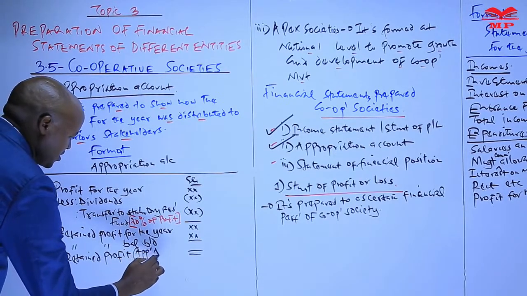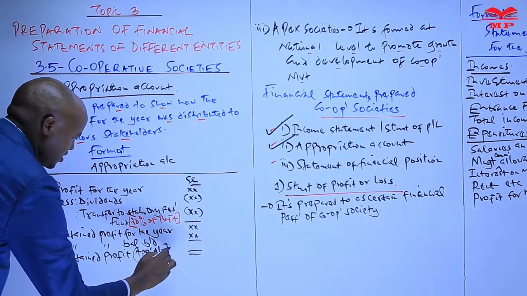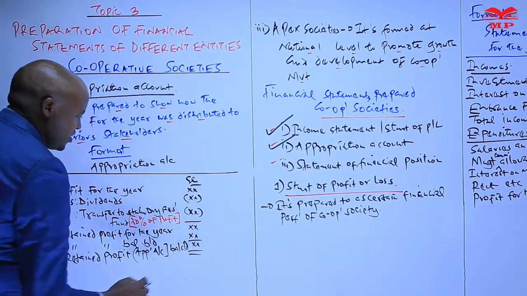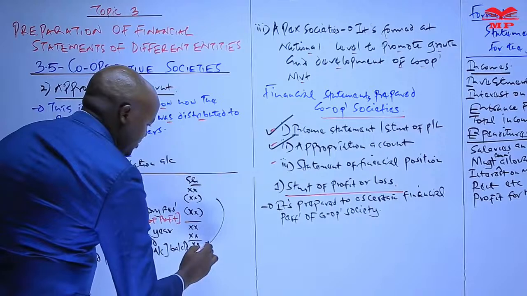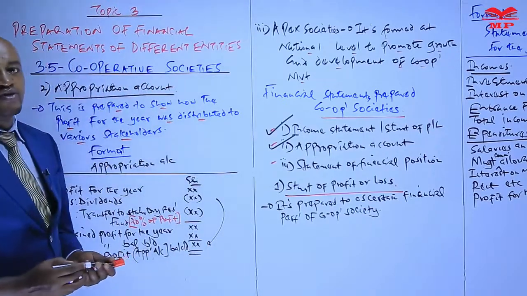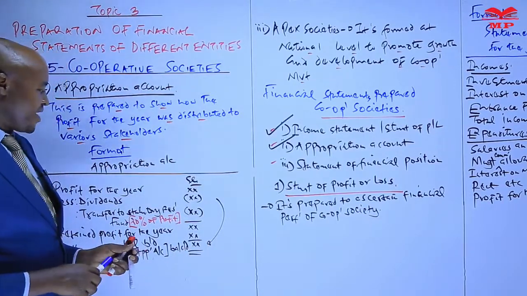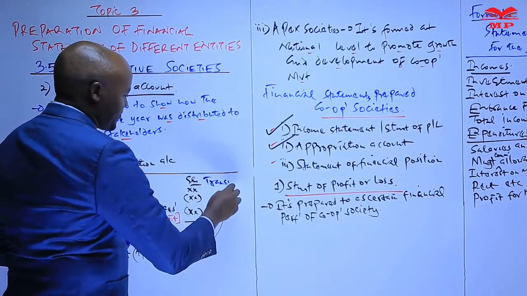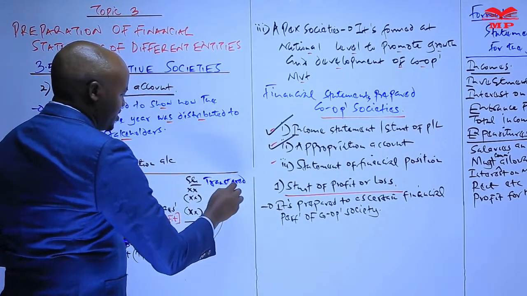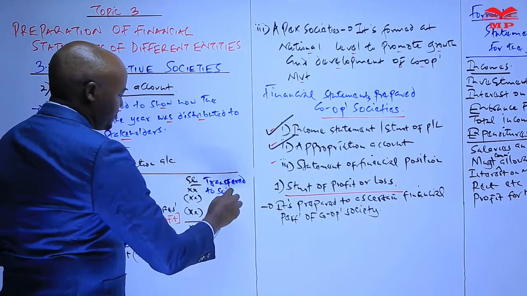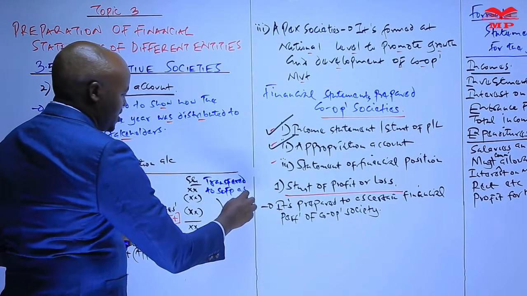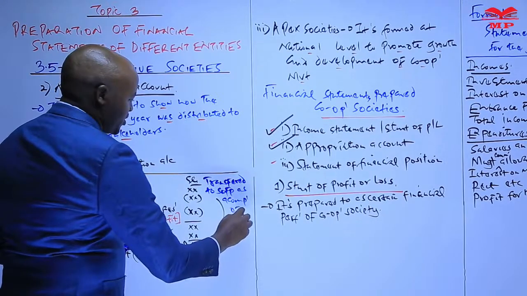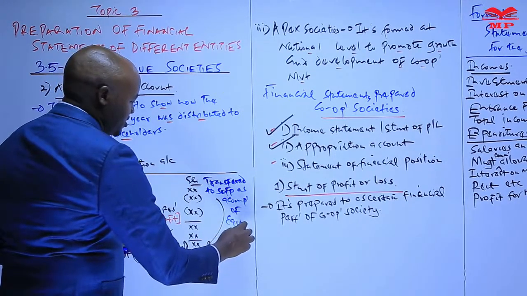Appropriation account balance carried down. And this balance which we have here will be transferred to the statement of financial position as a component of equity.